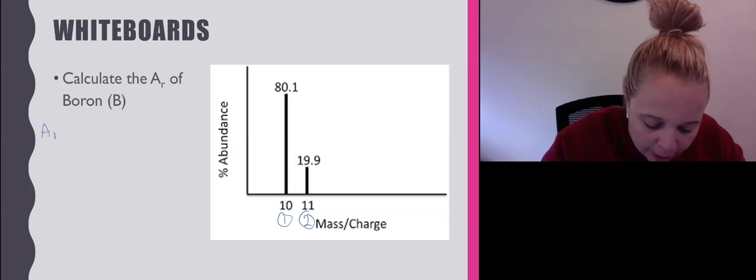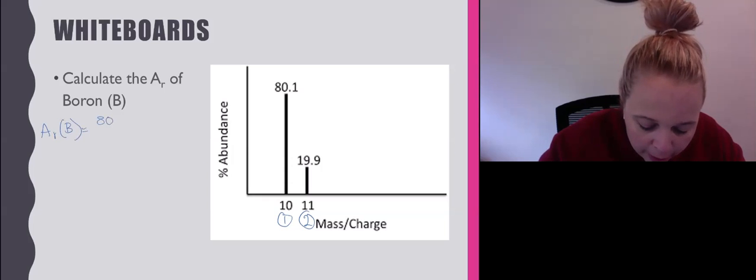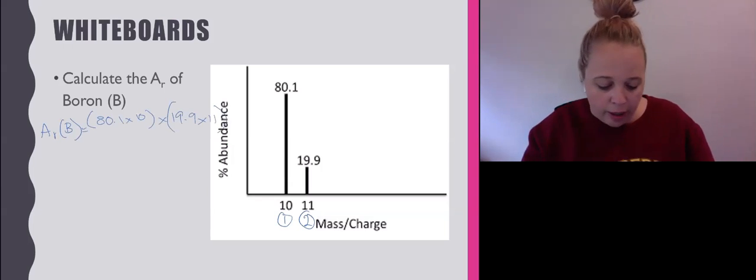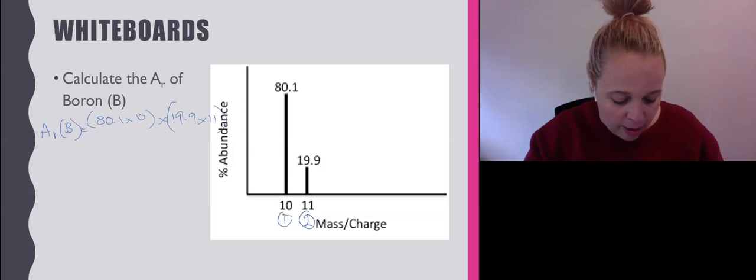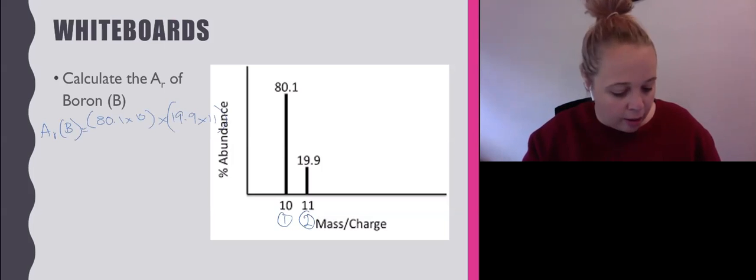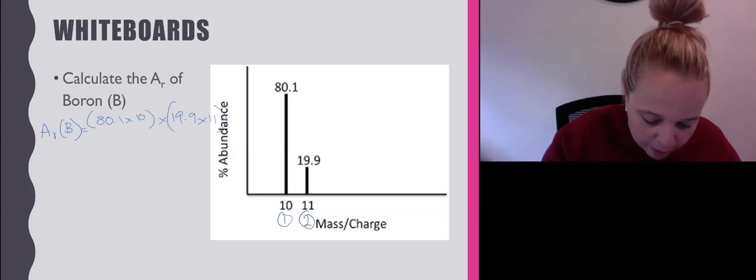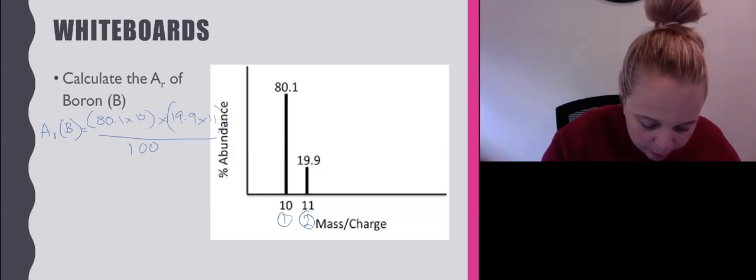So to calculate my A_R of boron, I'm going to need to multiply 80.1, which is the percentage, by 10, in brackets, plus 19.9 times 11. Now this is where I need to actually get out my calculator. 80.1 times 10. Oh, probably didn't need that. And all of this is divided by 100.